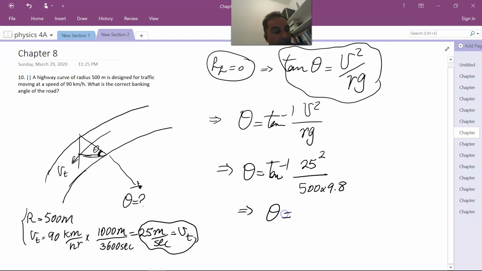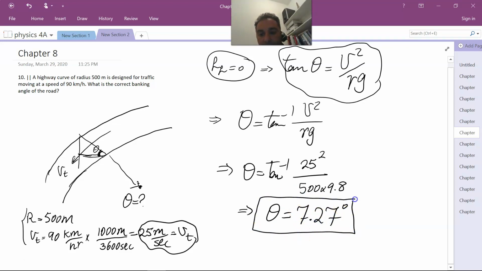So if I take that number, tangent inverse of 25 square divided by 500 times 9.8, I got 7.27. 7.27 degrees. This is called the banking angle.